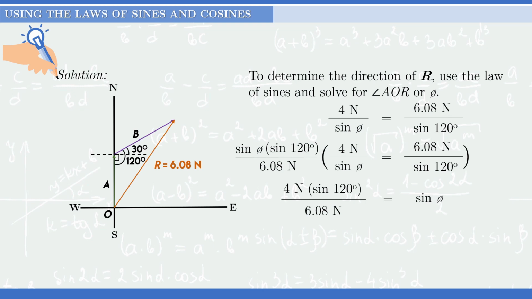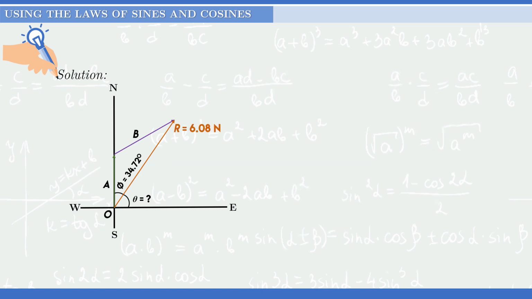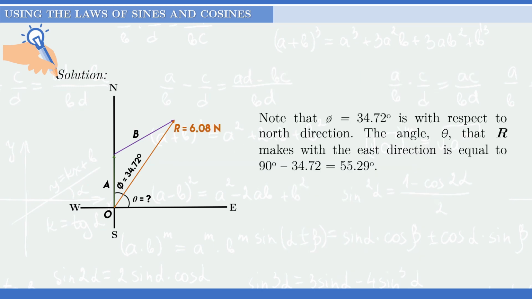Performing the indicated operation, we obtain an approximate value for sine phi. In getting the inverse value of sine phi, we have 34.72 degrees. Note that phi, which is equal to 34.72 degrees, is with respect to the north direction.